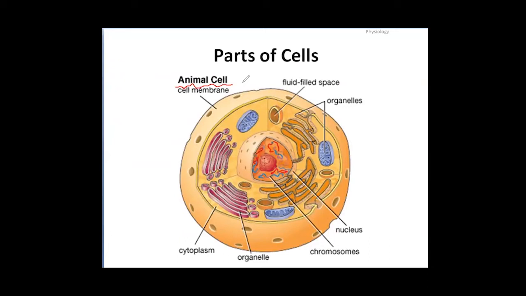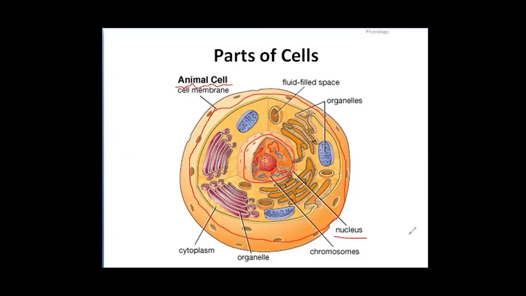The outside cover is the cell membrane, or plasma membrane, covering the whole of them. And basically in the center part is the nucleus. The nucleus has its own cover also.